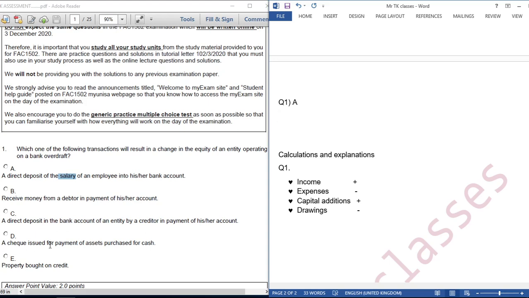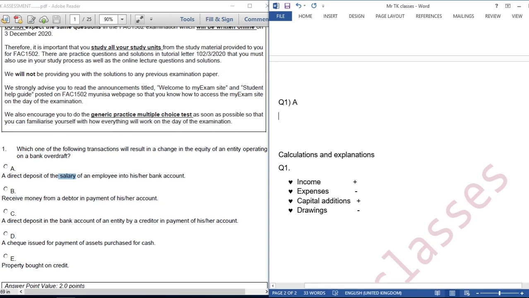A check issued for payment of assets purchased for cash. So what is it here? We have both asset accounts, because there is going to be the bank account and the asset that was bought. Property bought on credit. This is an asset and a liability, so this one is out. So our answer here is A.